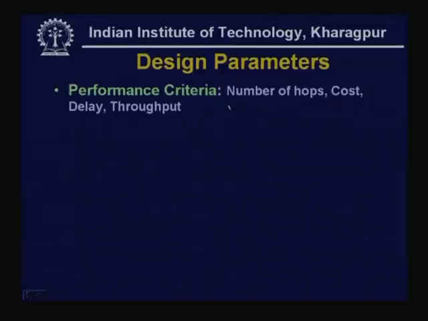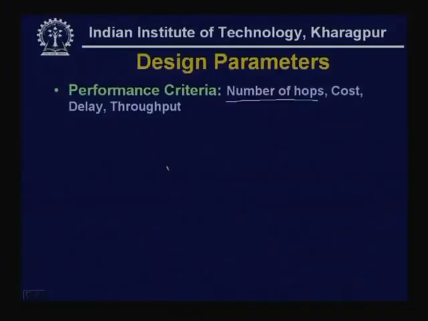What performance criteria you will use in finding out the efficacy or effectiveness of a particular routing algorithm. One performance parameter is the number of hops. As you have seen, whenever packets are going in a network, they are making several hops. So, how many hops it makes through the intermediate nodes, that count can be a measure of the performance.